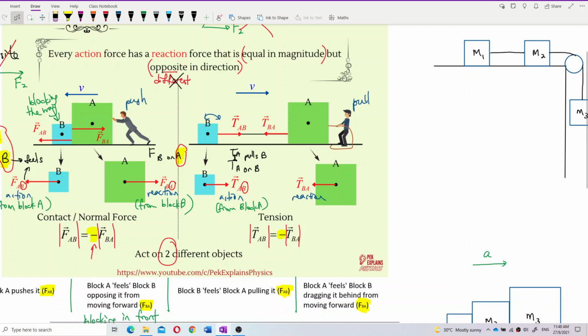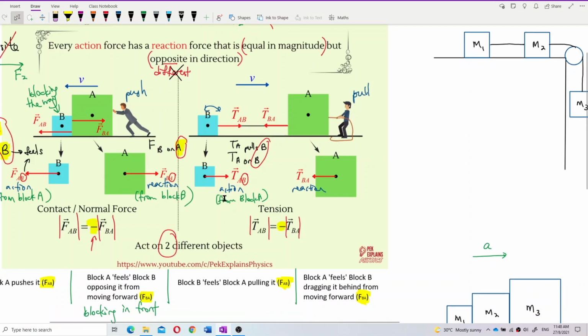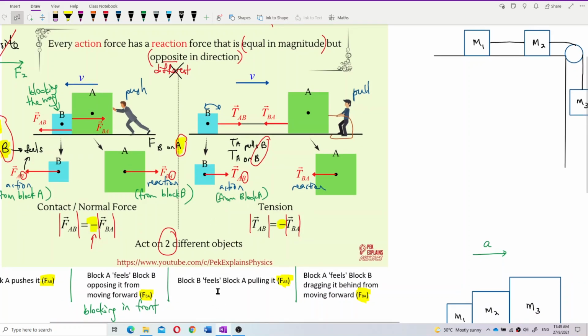It's like A pulls B. Who experiences the force? It is B who experiences the force. It's the letter behind. So block B feels block A is pulling it forward, pulling it to the right. Block B feels block A is pulling it by the force.